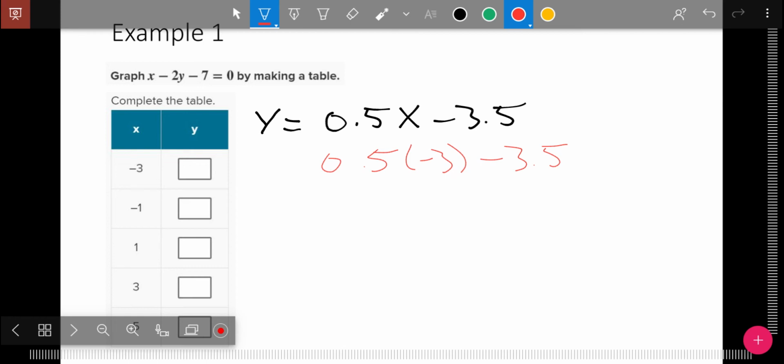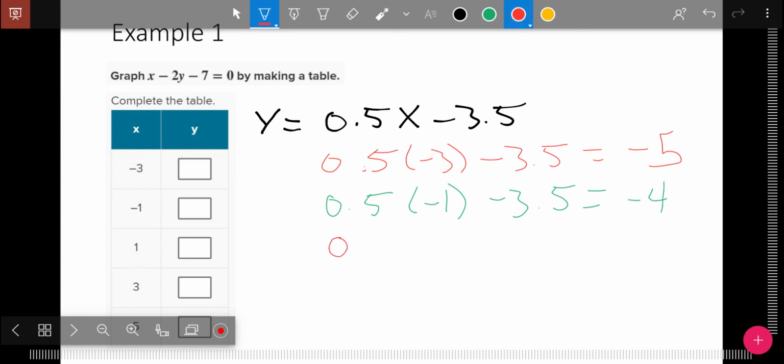Half of negative 3 is negative 1.5, minus 3.5 is negative 5. And then I plug in the negative 1. Negative 1 times 0.5 is negative 0.5, minus 3.5 is negative 4.